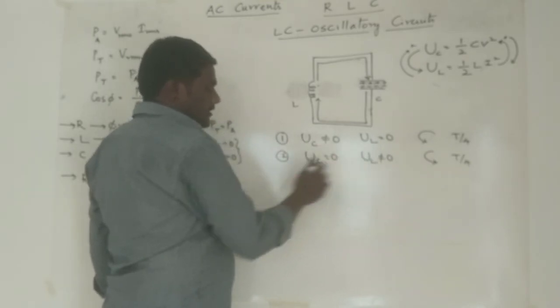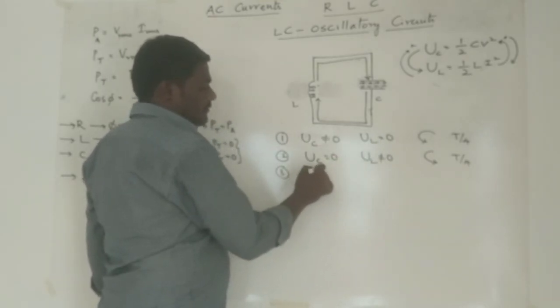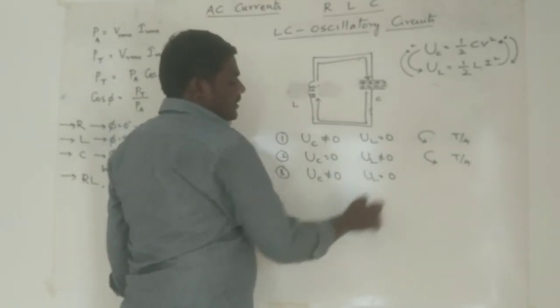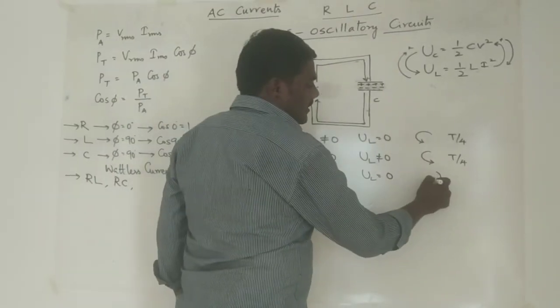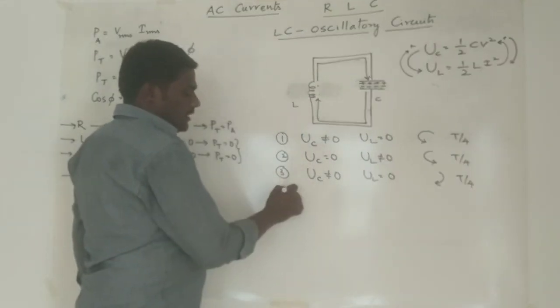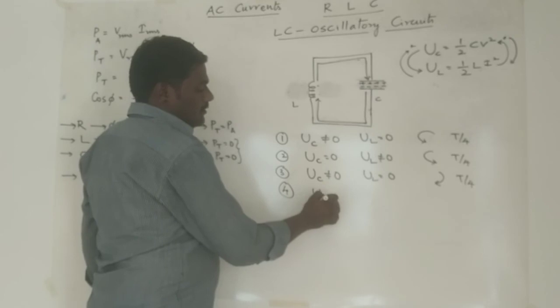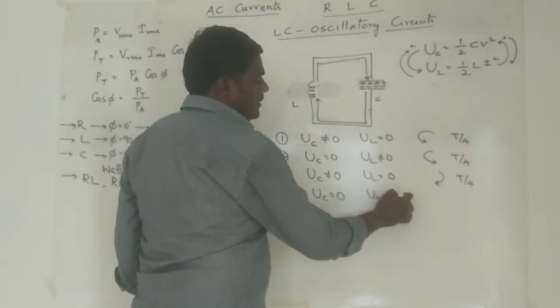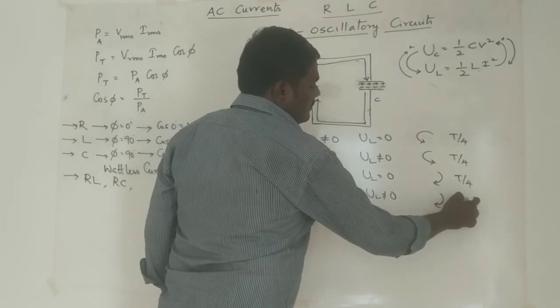Now here this energy again will flow to the capacitor and the inductor becomes 0. This current will go in the opposite direction. And again the last step, capacitor 0, inductor not equal to 0, T/4.